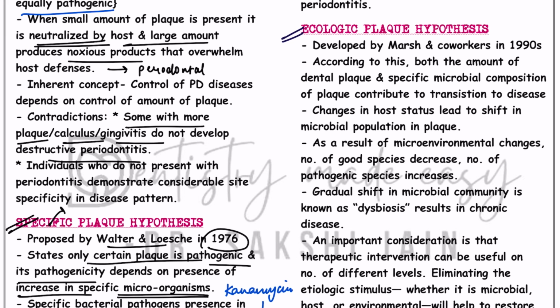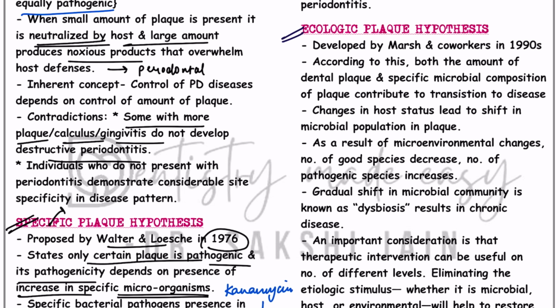The next hypothesis is the ecological plaque hypothesis, given by P.D. Marsh and co-workers in the 1990s. According to this, the amount of plaque and the specific microbial composition contribute to the disease. Changes in the host status lead to a shift in the microbial population in the plaque.